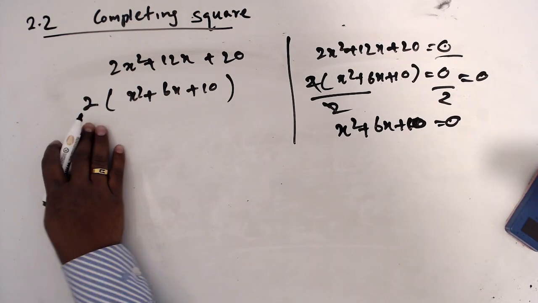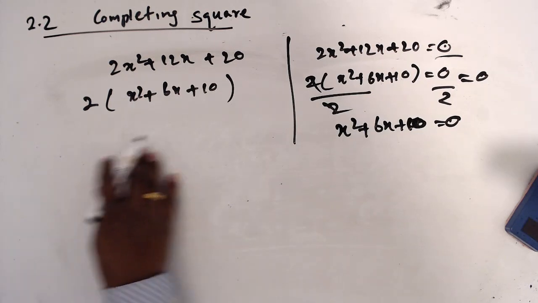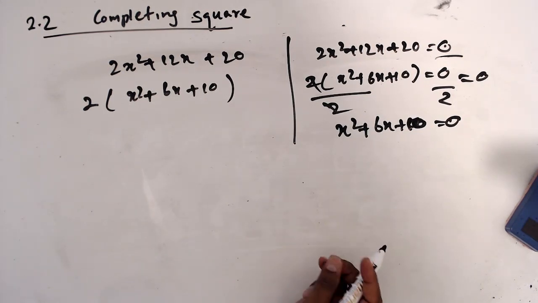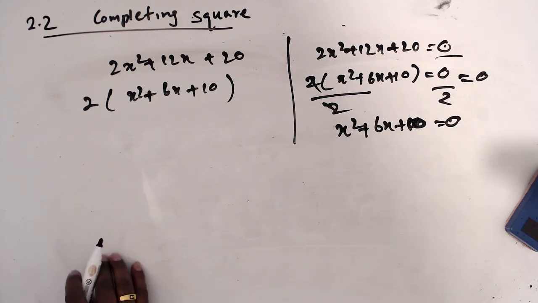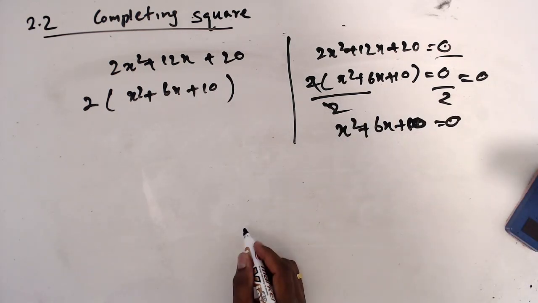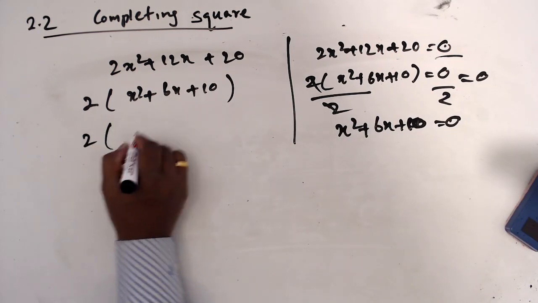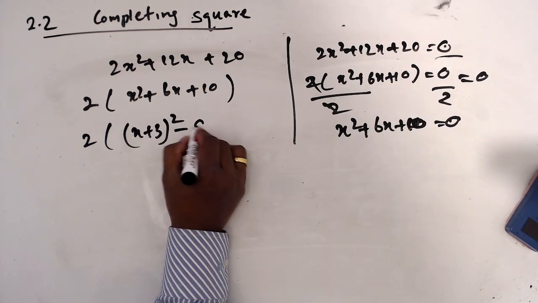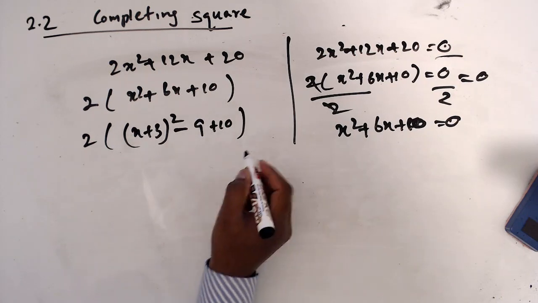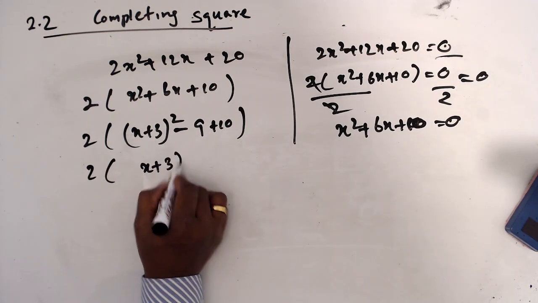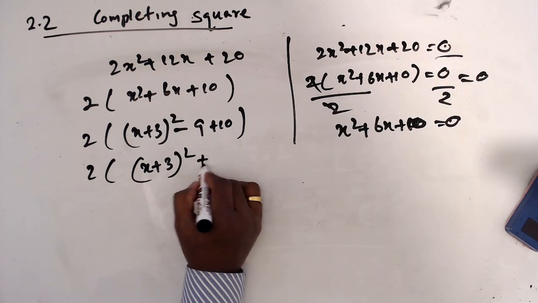Now here we can't lose this 2. We have to keep it until the answer. But here we can drop it from this step. So this is going to be (x plus 3) square minus 9 plus 10, and 2 times (x plus 3) square plus 1.